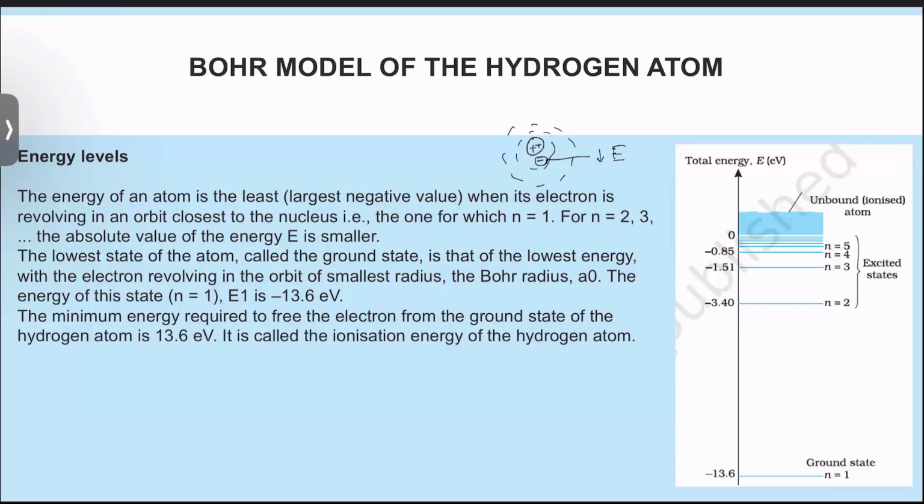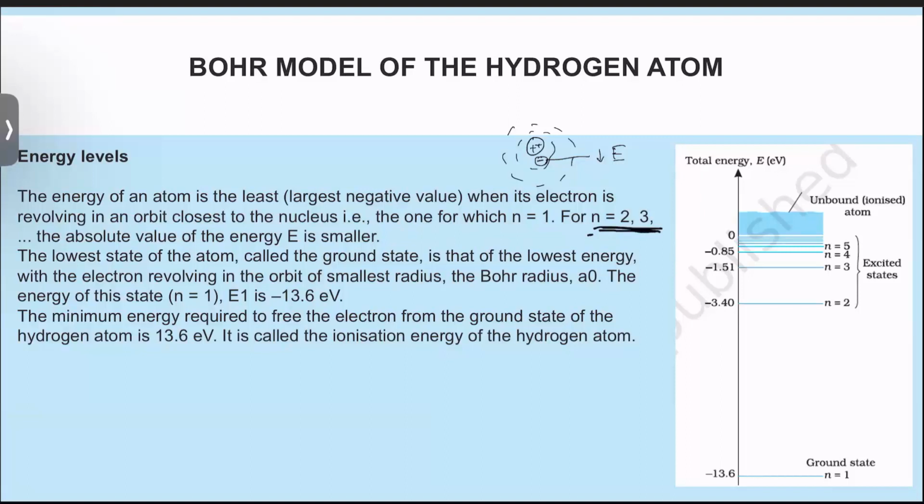The lowest state of the atom is called the ground state, the state where it has the lowest energy, and the electron would be revolving in the smallest radius. Okay, I actually said the opposite earlier. As you go farther away from the nucleus, the energy is going to increase.